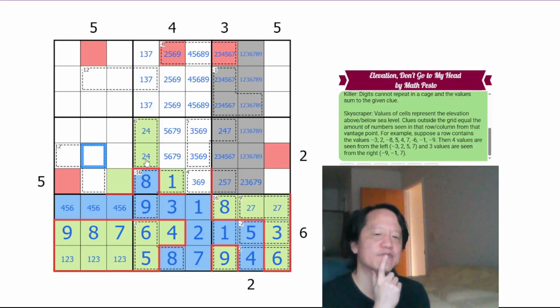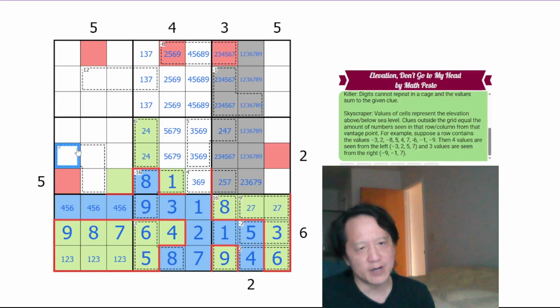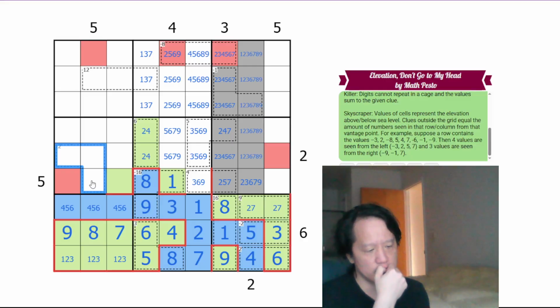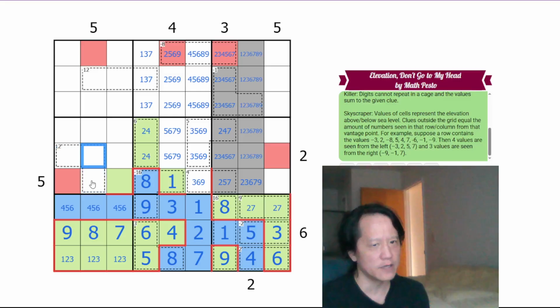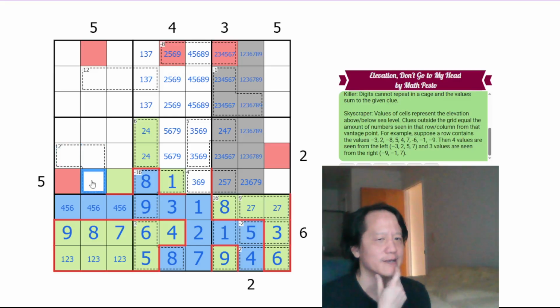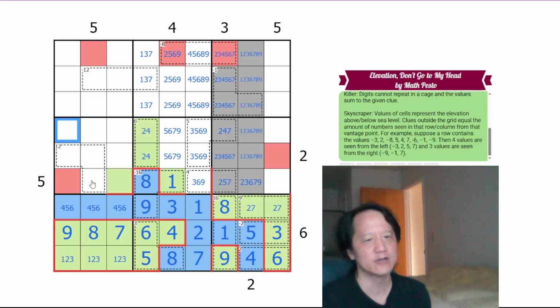It might have to be. If we have 3 positives here, then it could be 1, 2 here, and 9. Okay, yeah. So it's not guaranteed that we will necessarily see any of these cells.